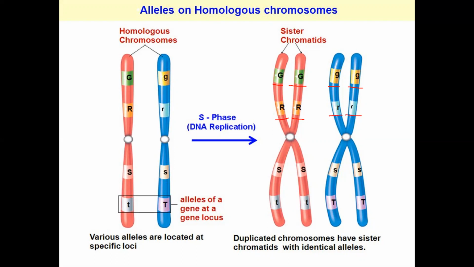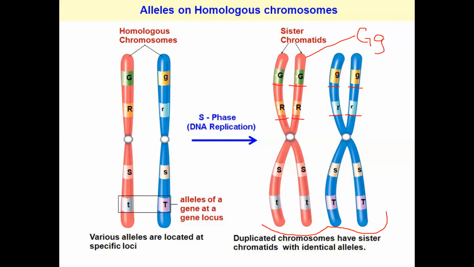So these chromosomes would be part of a homologous pair. They have been replicated. So if we were going to talk about the genotype, we would say this pair gives 1 big G, because there's no reason to write it twice, and 1 little g.